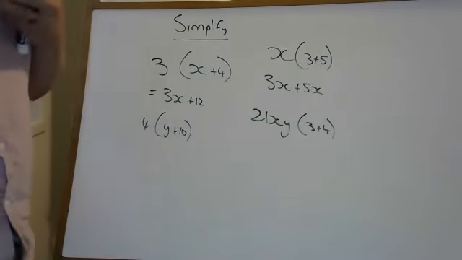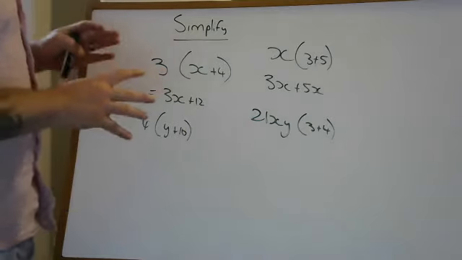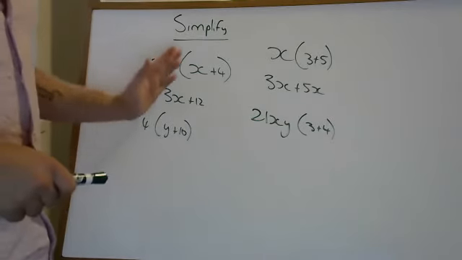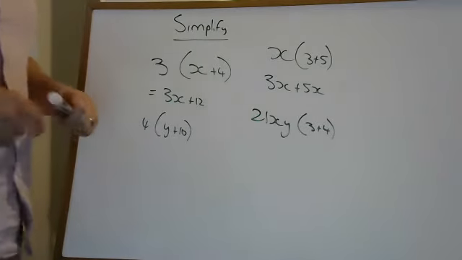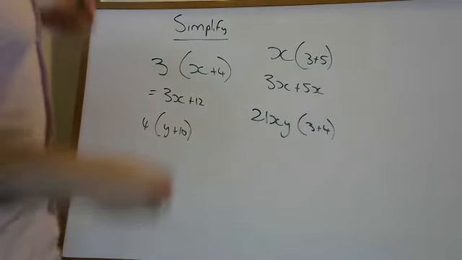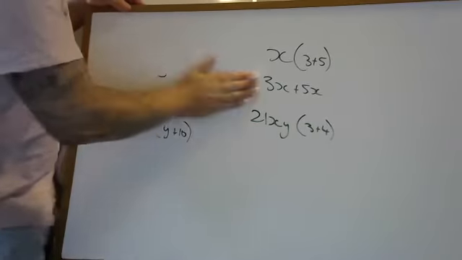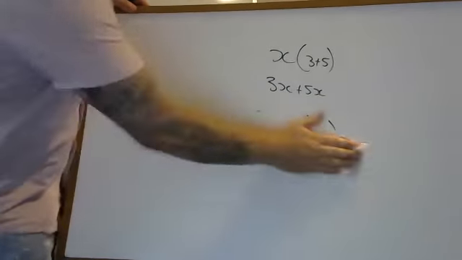So you guys hopefully get what I mean by simplify. All you do is times the number outside the brackets by the numbers inside the brackets, or the letters. We know the rules for our like terms.